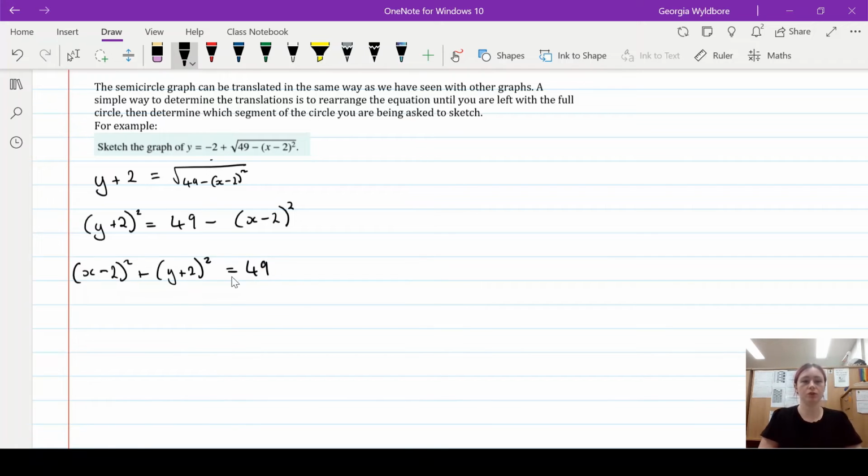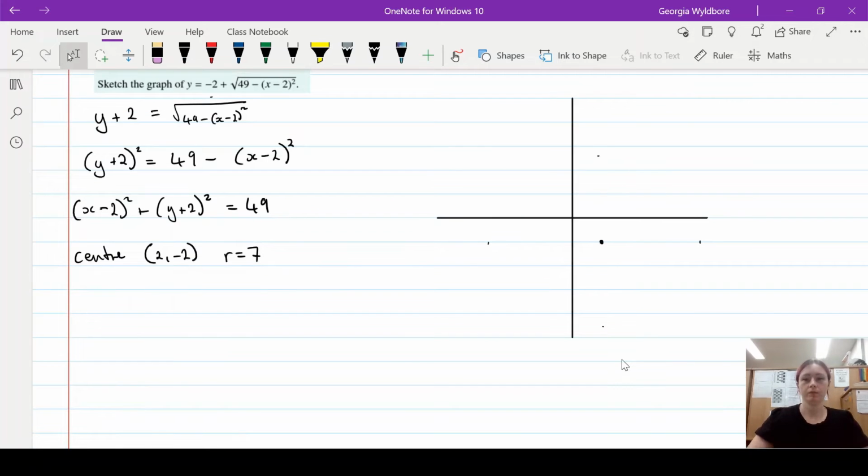There's our base circle. So now we can see we've got an h of 2, a k of negative 2. So our center is at 2, negative 2, and our radius is going to equal 7.